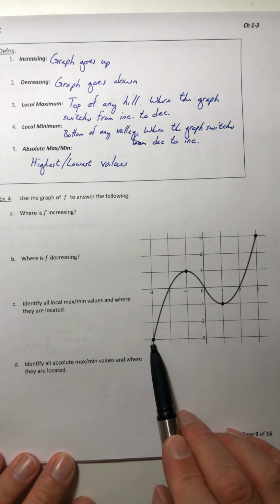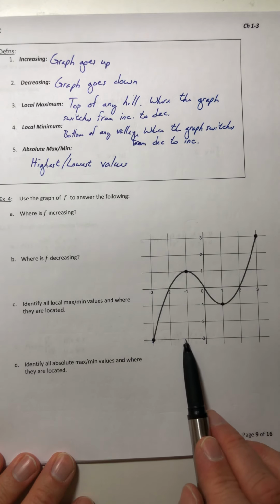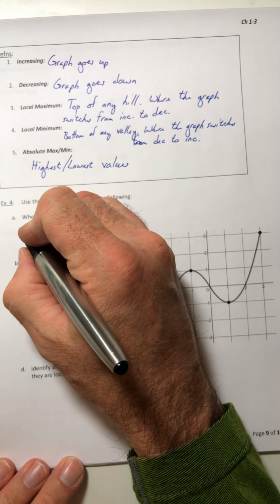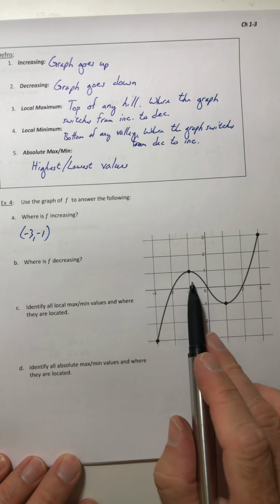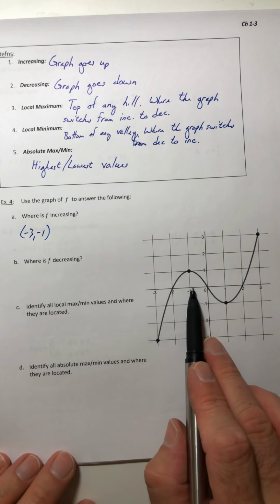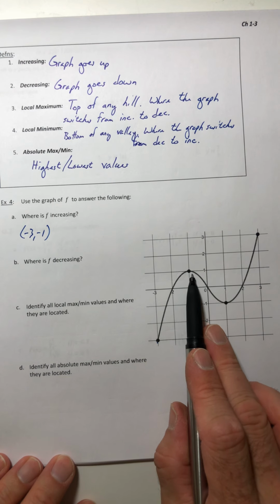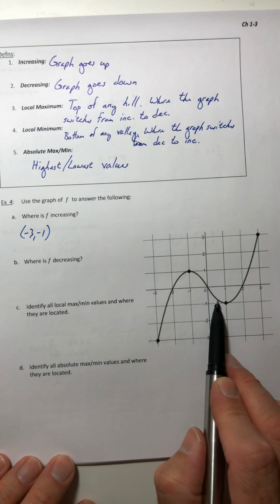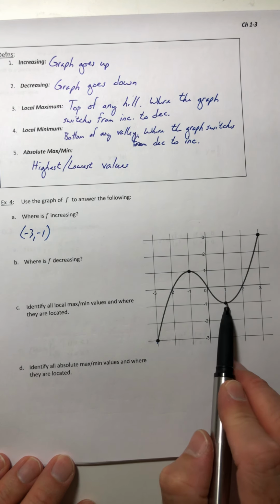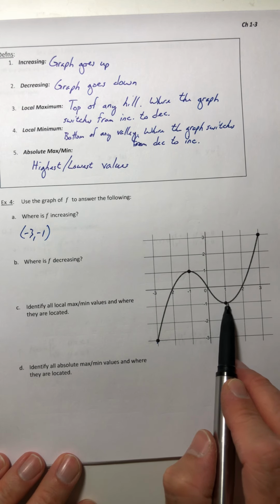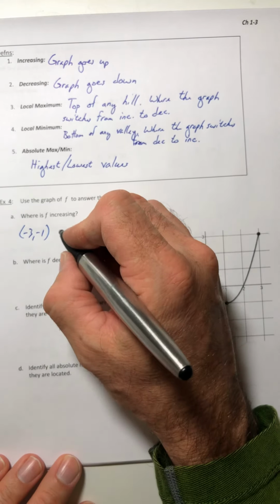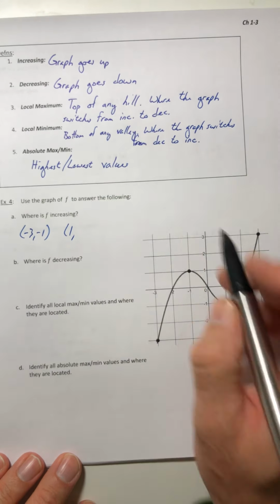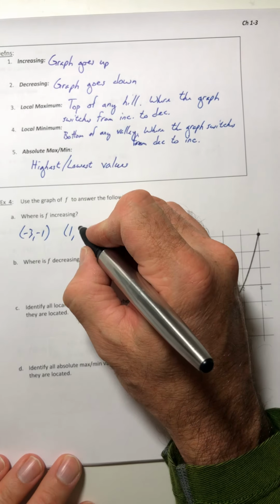So it's starting when x is -3 and it keeps going up until you get to x equals -1. Once it gets to x equals -1, it switches and then it falls, it decreases. Then it changes again when x is 1 and it starts to go back up. And then the graph stops at 3.